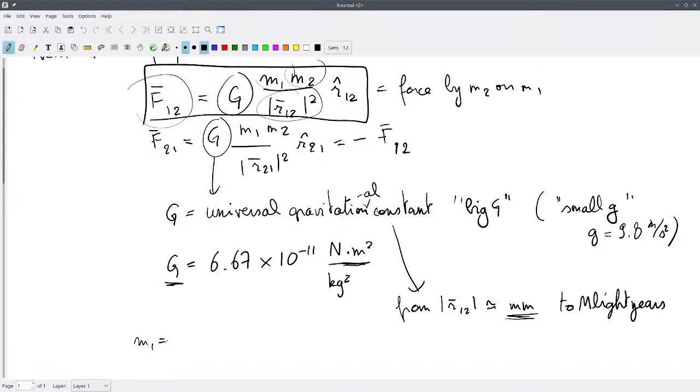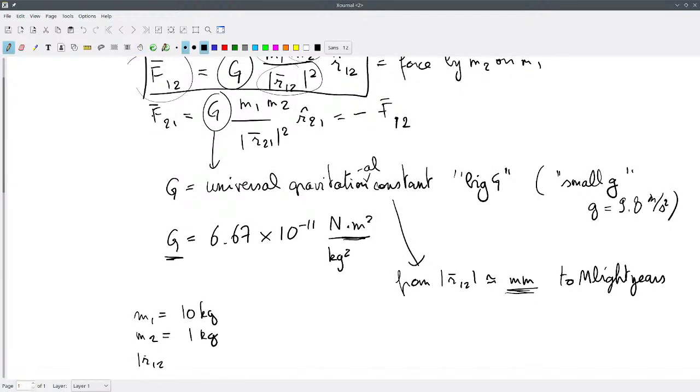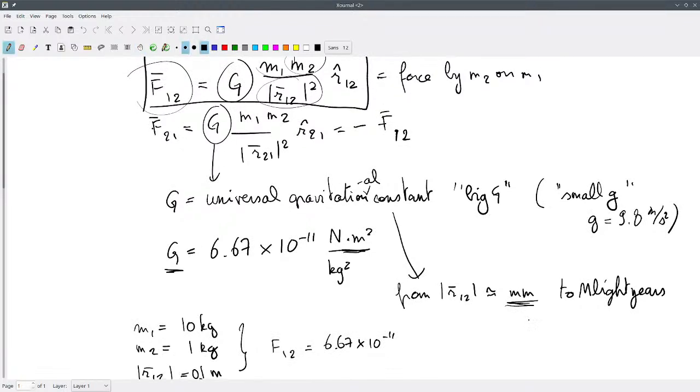So if m1 is 10 kilograms, if m2 is 1 kilogram, if the distance r12 is 10 centimeters or 0.1 meters, then if we plug that all in, the force F12 is 6.67 times 10 to the minus 11, and then we've got the product of our two masses, so that's 10 times 1 kilogram squared over the distance, 0.1 meter squared.